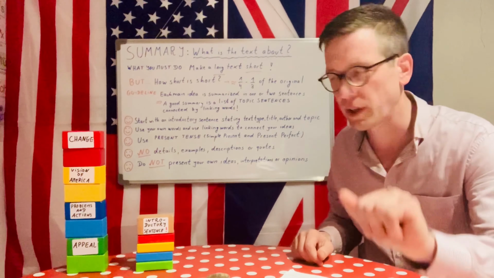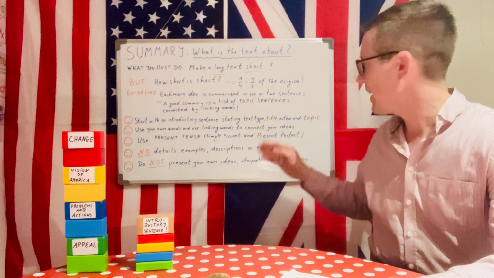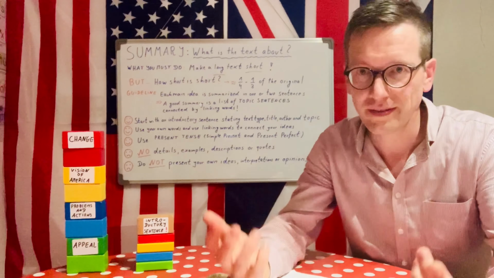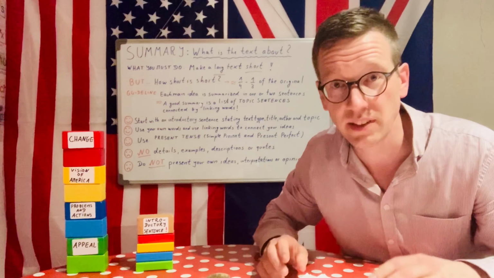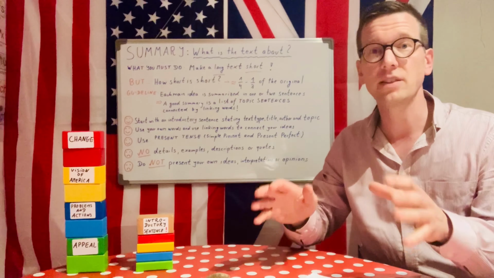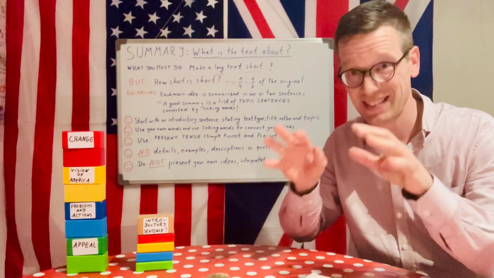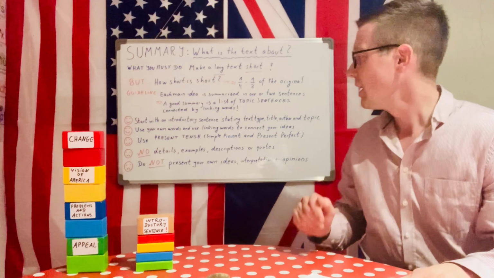Then, the third one. Use present tense, which is the simple present and present perfect. Yes, I know some texts, and let's face it, a lot of texts are written in past tense, but still you must use the present tense when you summarize the text, because you write about the text now when you write it. This is why you use the present tense.